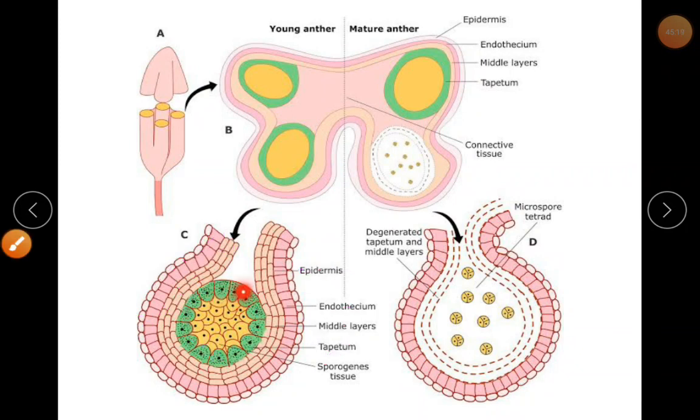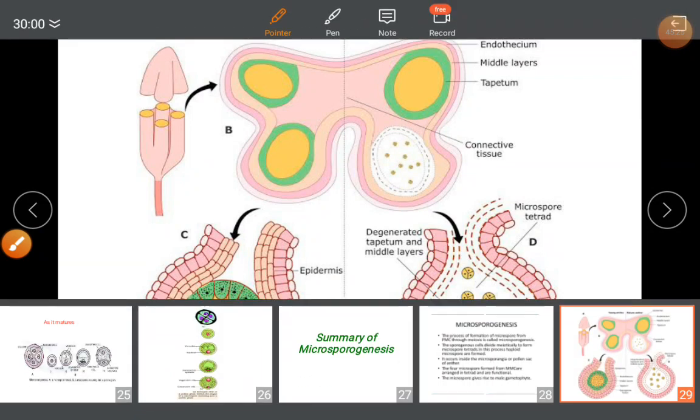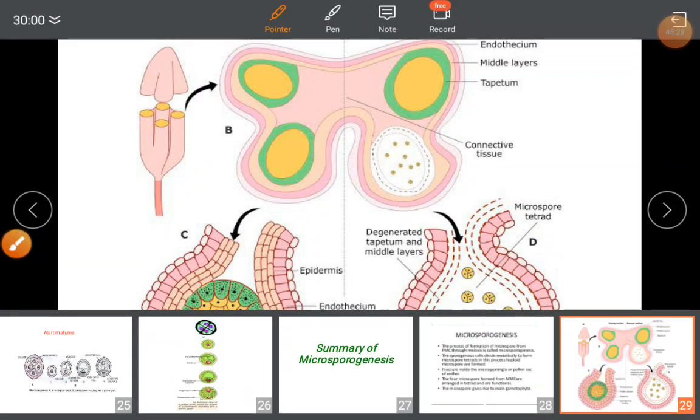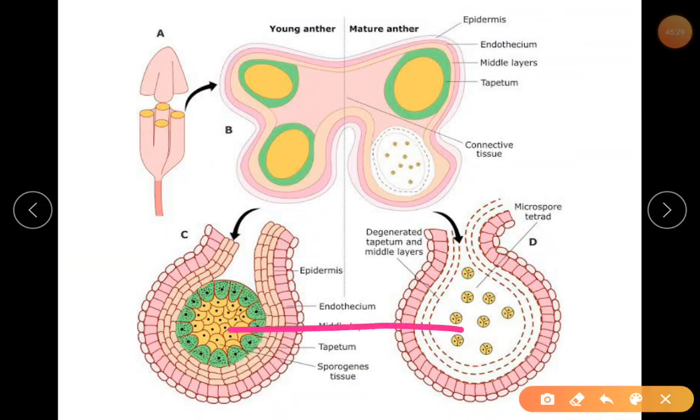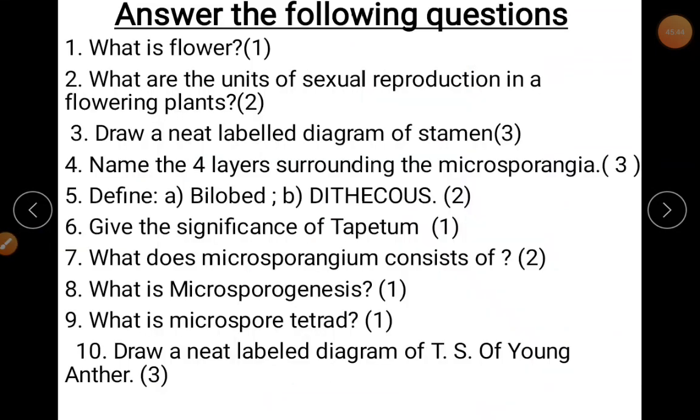And the yellow portion is your sporogenous tissue, which develops into your microspore tetrad or male gametophyte. So you can find how the middle layer and tapetum disintegrate later on, and it will help in dehiscence. So it is clear in one picture itself.